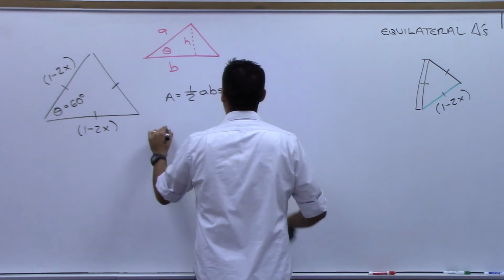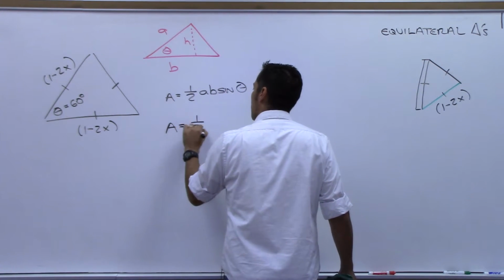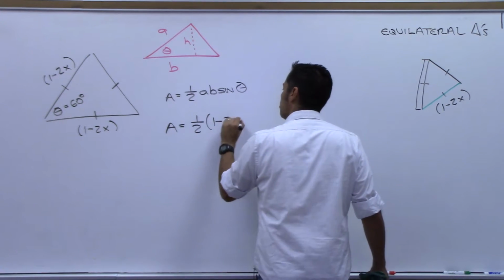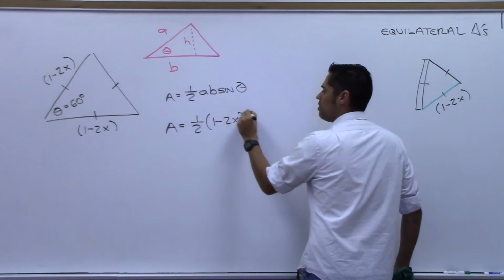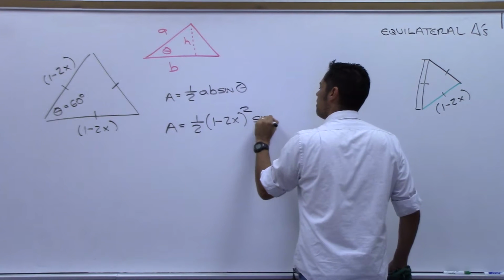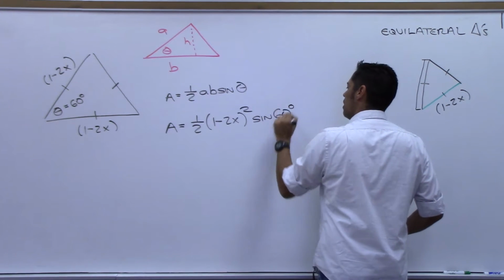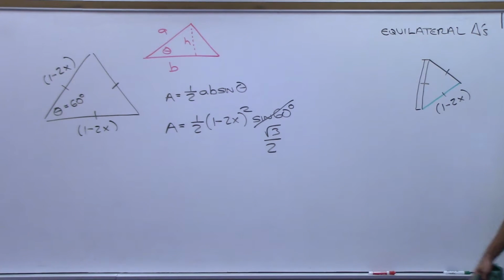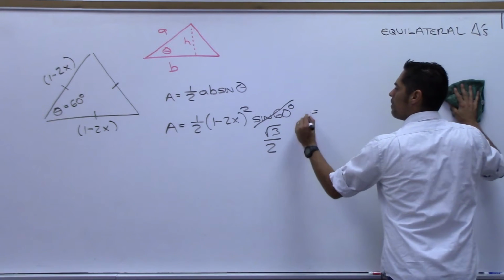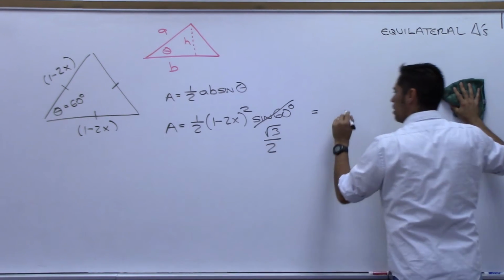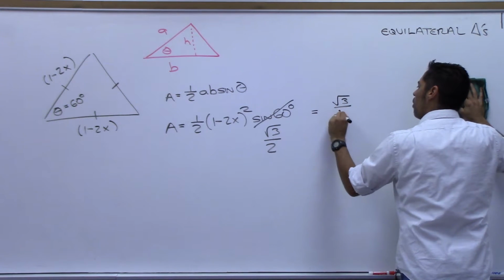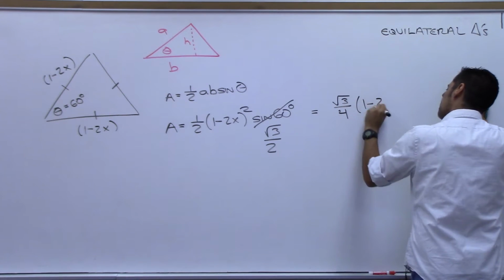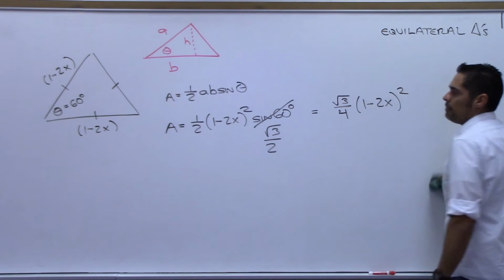So now I come back over here. The area of this is 1/2, and then 1 minus 2x, that's a, times itself again, so squared, sine of 60 degrees, which is root 3 over 2. Sine of 60 degrees is root 3 over 2 from pre-cal, which is equal to, if I move this out front, root 3 over 4 times 1 minus 2x quantity squared.